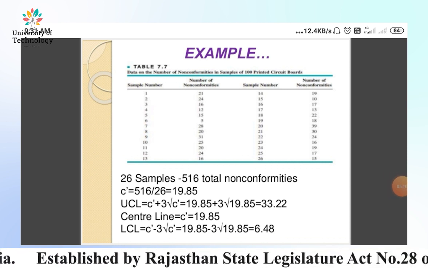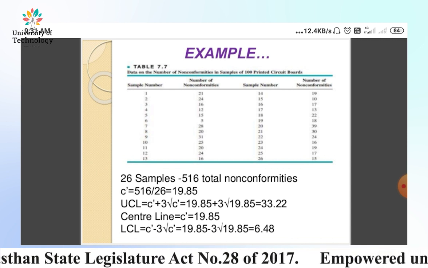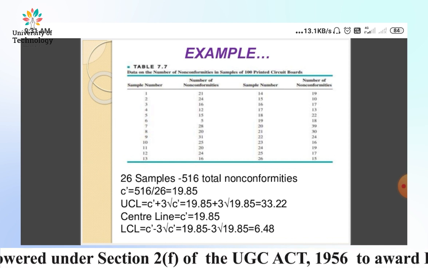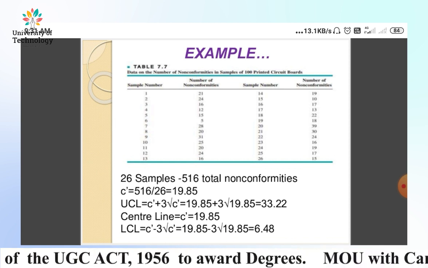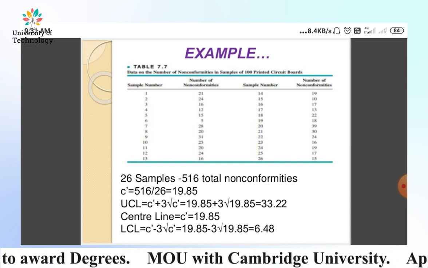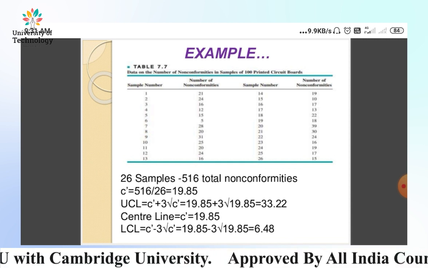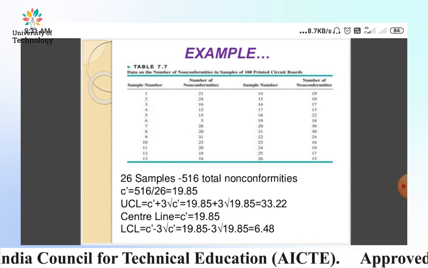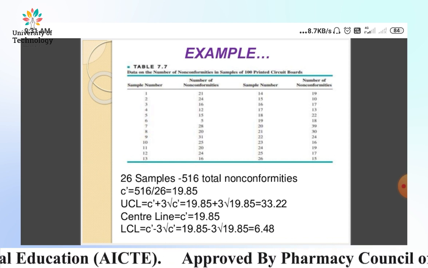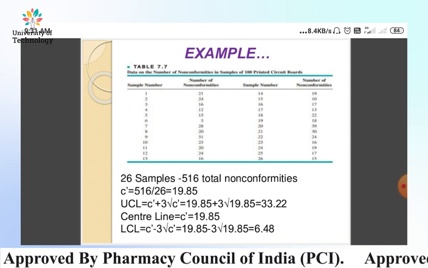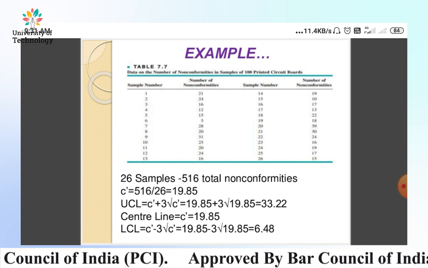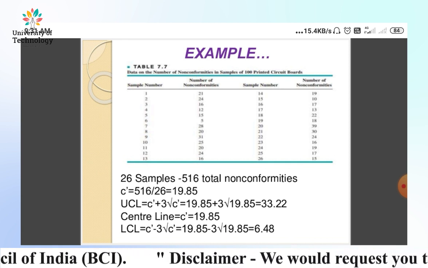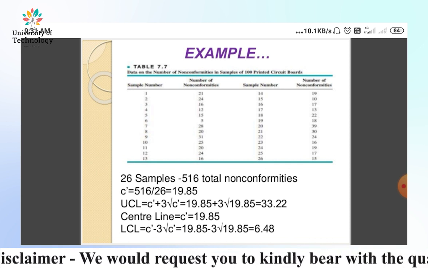One problem related to the C chart is taken to explain how the C chart is applied. As given in the table, data on the number of non-conformities in samples of 100 printed circuit boards are given for sample numbers 1 to 13 and sample numbers 14 to 26.